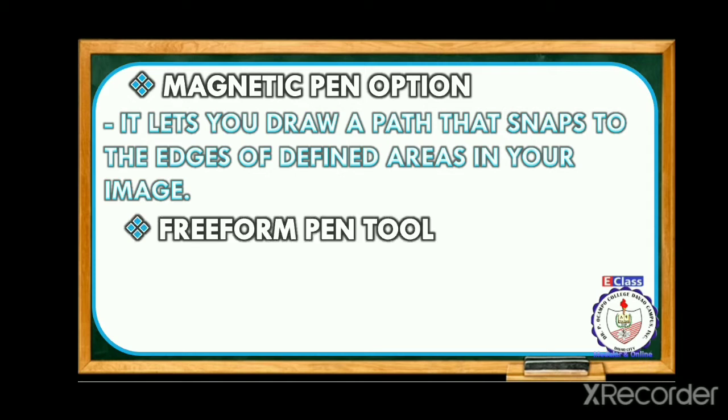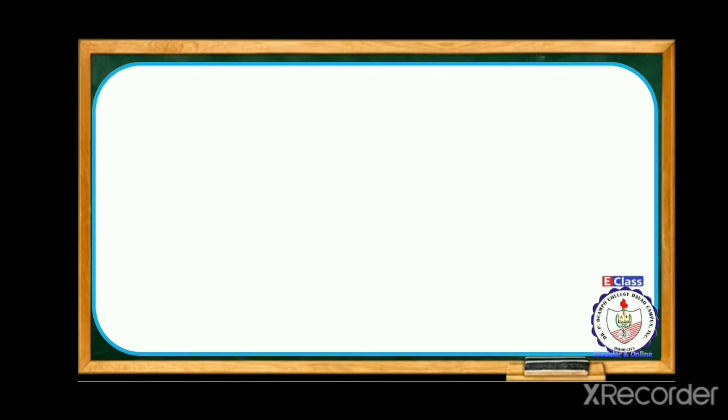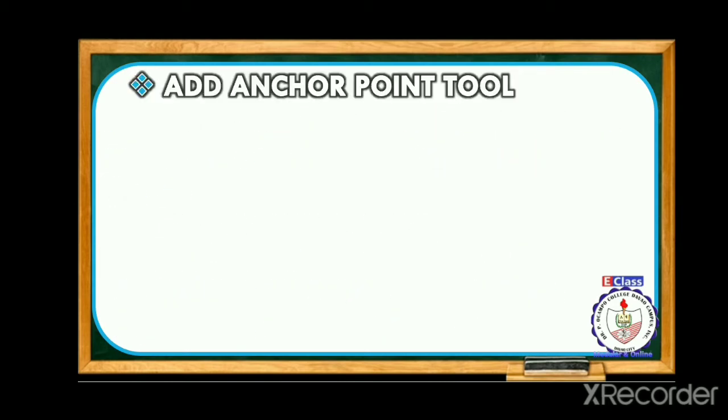The freeform pen tool is the tool that allows you to draw vector shapes and paths by automatically adding anchor points. Click on the canvas and drag to draw paths freely. And this is also how to add the anchor point tool.